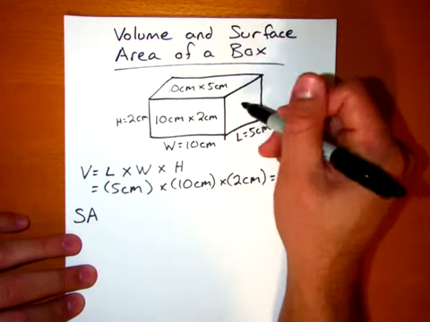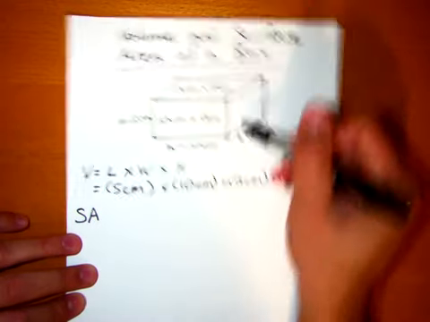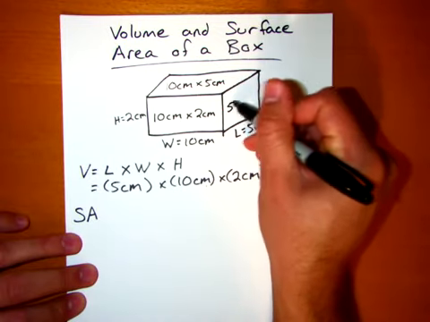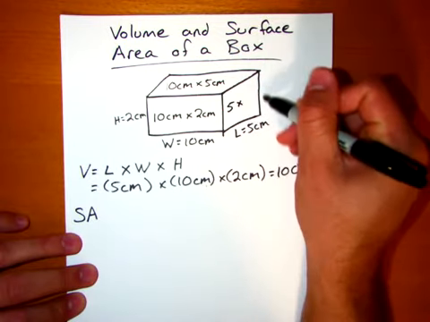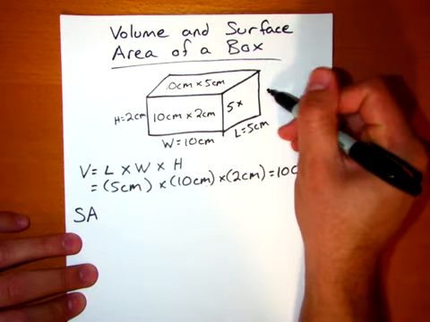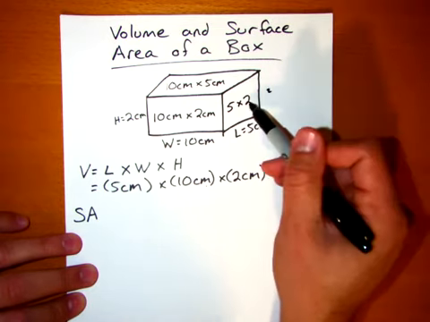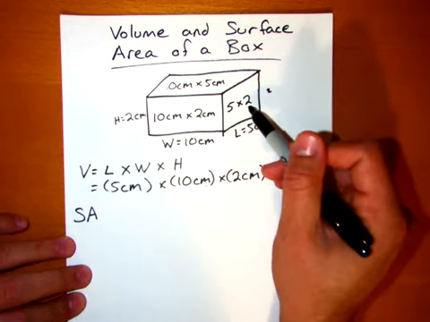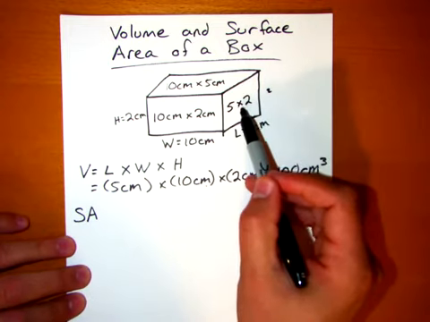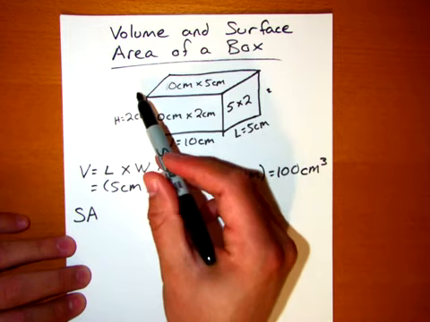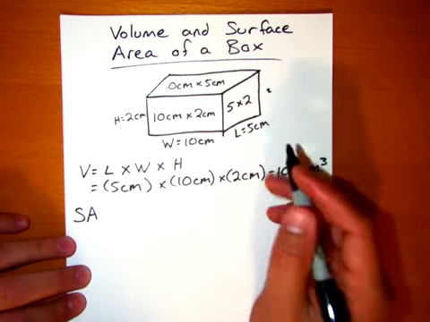And then this side right here, this face, is going to have dimensions of 5 centimeters by 2 centimeters. And I'm not going to put the units in because I've run out of room. But again, for this face, there's one just like it on the other side of the box over here somewhere. We can't really see it.